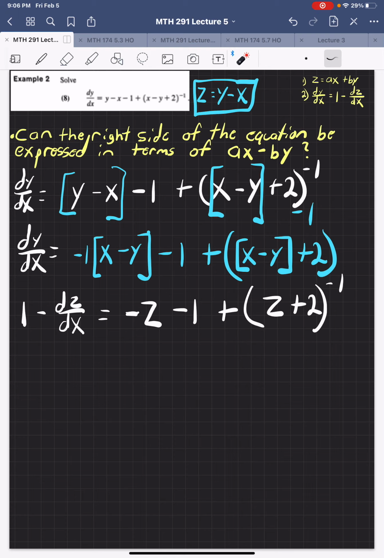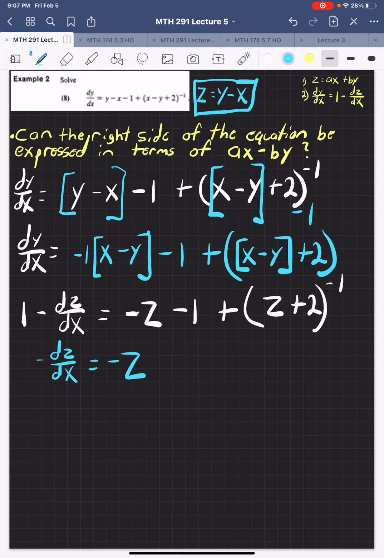So let's clean this up a little bit. I'm going to take this 1 and bring it to this side of the equation, and then I'll get rid of this negative symbol. I'll do that in 2 steps. Negative dz dx is going to be equal to negative z.